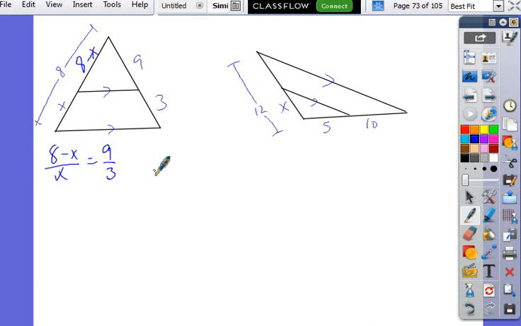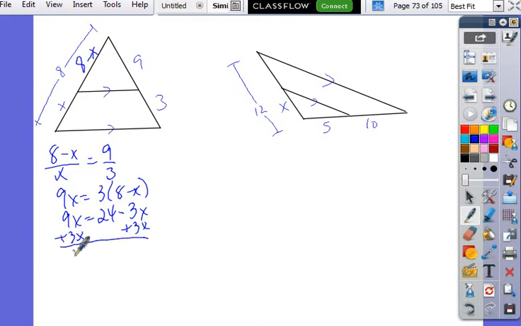Cross multiply, 9x equals 3 times 8 minus x. Multiply that out. Remember, make sure you distribute both parts. 24 minus 3x. Add the 3x, so we want the variables together. 12x equals 24 and x equals 2. Wind up with 2.